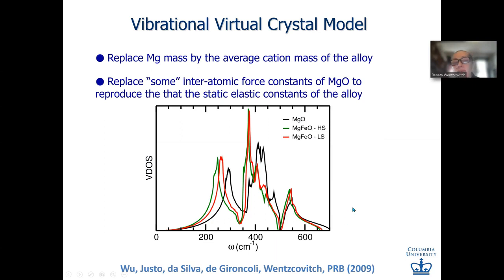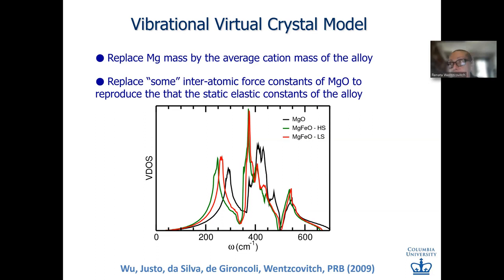At that point, we couldn't do phonons, and we came up with a vibrational virtual crystal for phonons as well. And I think you understand. Many of the calculations I'm going to show you, we still use this vibrational density of states for the solid solution. Vibrational virtual crystal, you have an idea what it is. The cation is the weighted average of the cations.